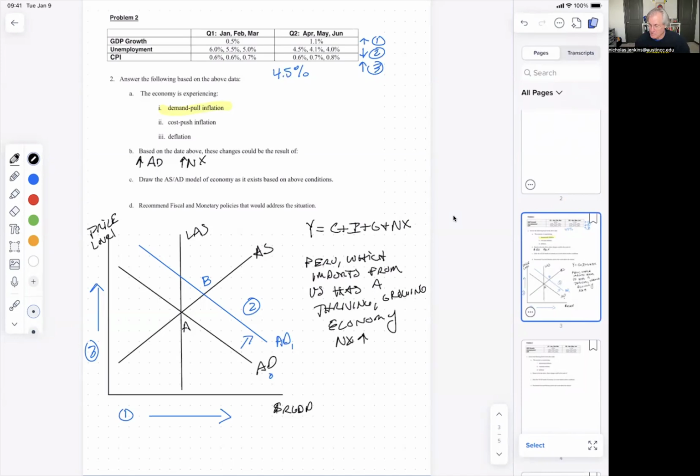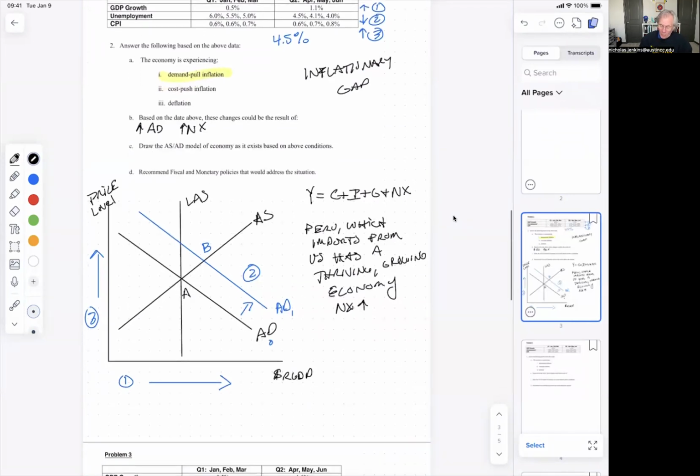So all of a sudden there's a big demand for US-made goods, and they buy a lot of it, enough to cause aggregate demand to increase. As a result, we have an inflationary gap.